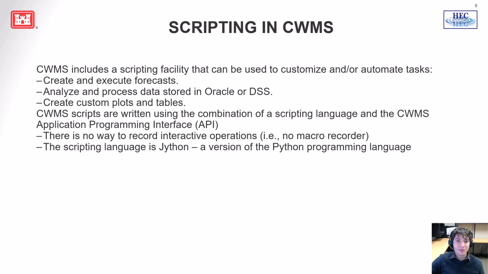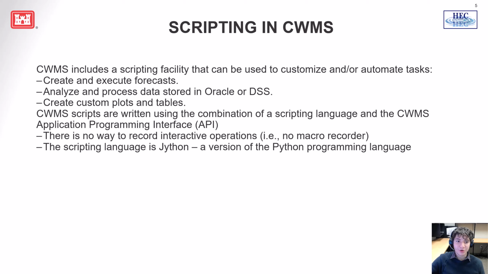Now, within SWMS, scripting can be used for many things, such as automated tasks or other customized tasks. So some of these are creating and executing forecasts, analyze and process data stored in Oracle or DSS, create custom plots and tables, and much more.